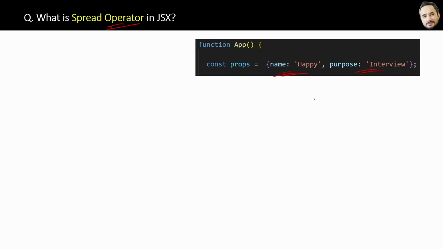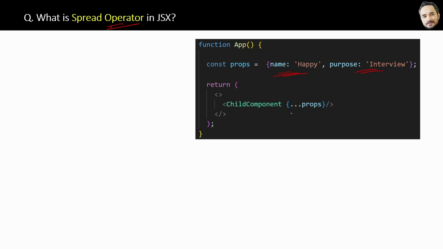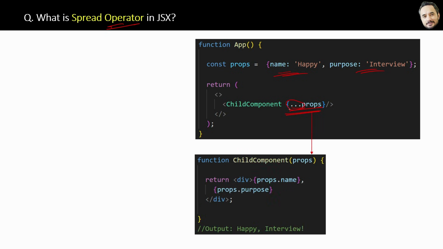At that time, to pass these parameters to child components, we will create a props object with all the properties like this. And here you see we are using the spread operator to pass this object down to the child component. These 3 dots are nothing but the spread operator.